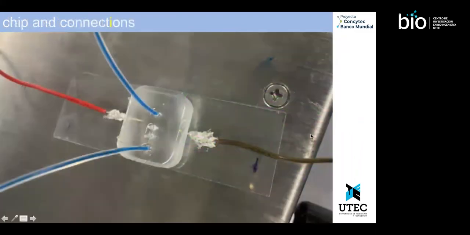Here is the real chip you can see here. The electrodes are connected to the wires with the silver glue, and then you have the inputs and outputs here in the blue. And you can see the size. There's a screw here, so you can see about what the size of this chip is.